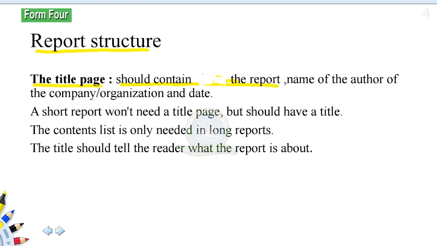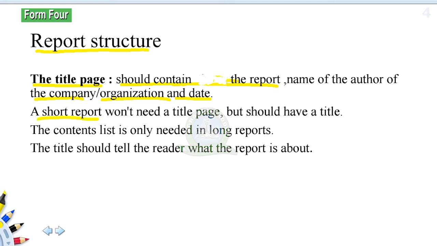So the first page of the report must contain the author, the one who wrote the report, the date, and the organization. This makes it easy for the reader.